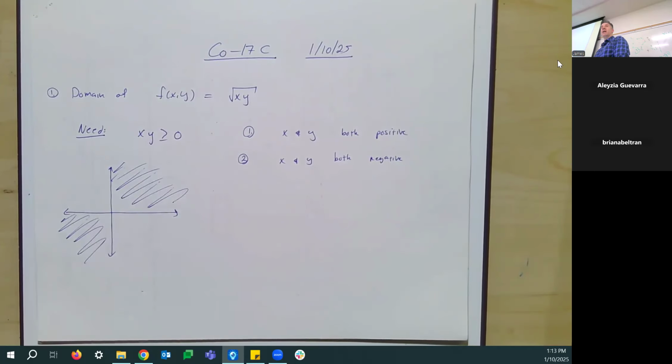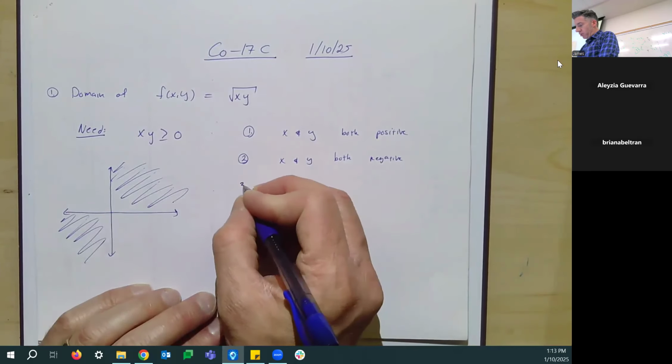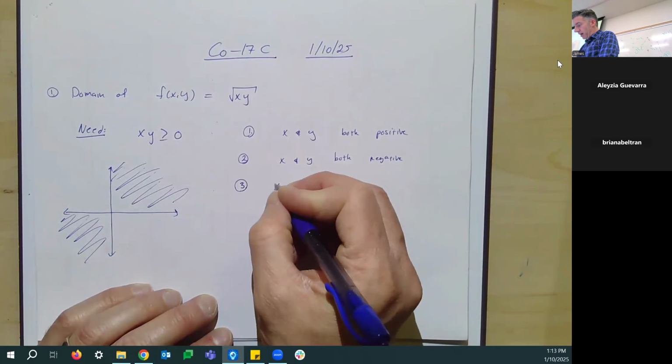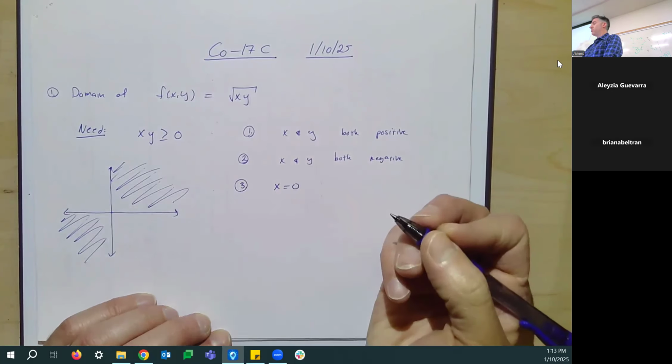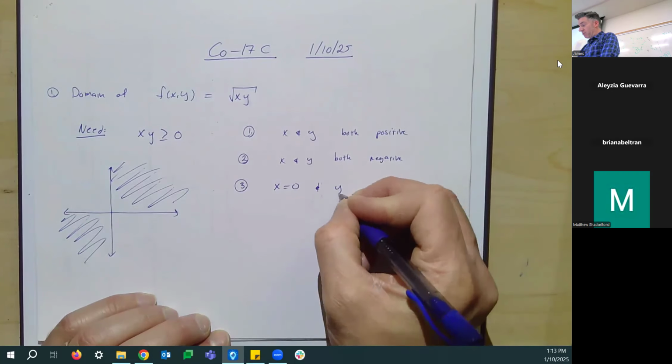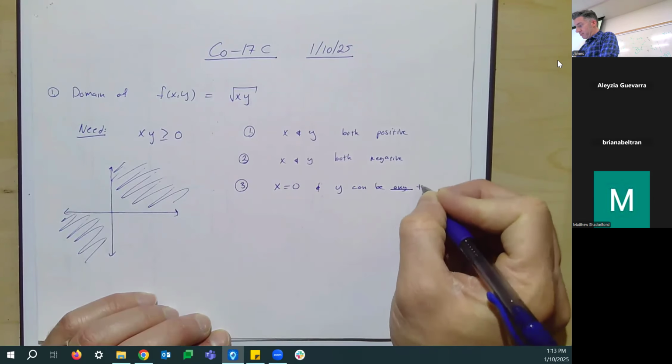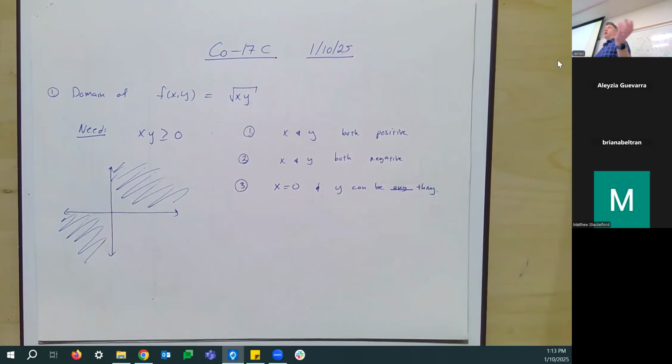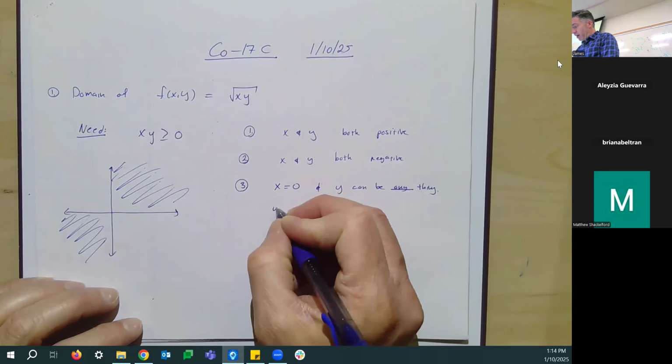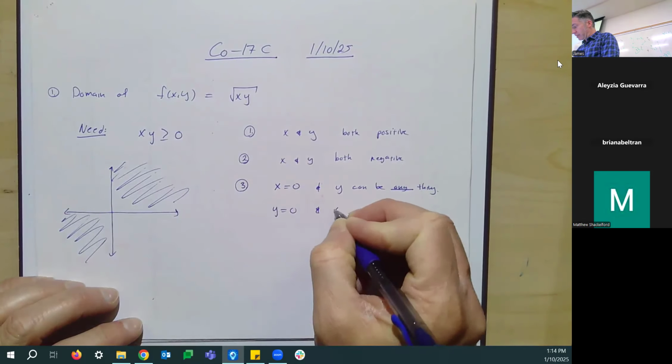But we're not quite done, because it would also be valid to include the entire x equal to 0, where y could be anything. Because 0 times a negative or a positive number is still going to be 0, and the square root of 0 is still valid. And similarly, y equals 0 and x can be anything.